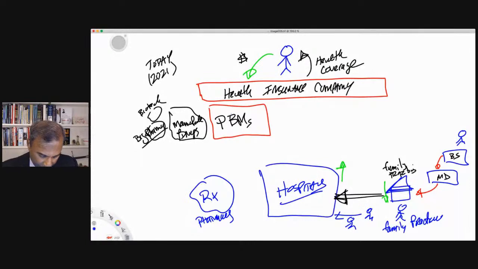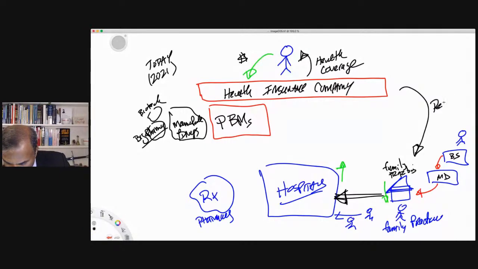The insurance company will impose regulations, so the doctor can only see a patient for 15 minutes. Very regulated, right? They're limited in face time.